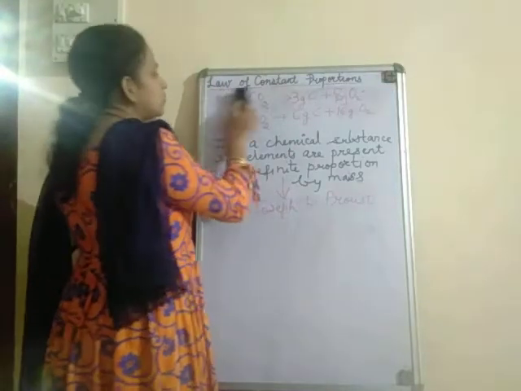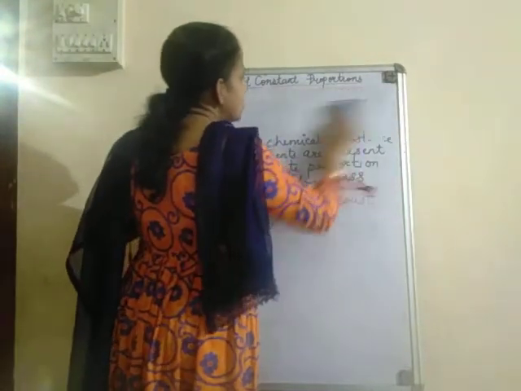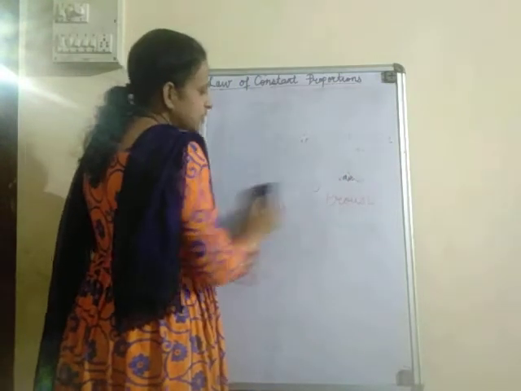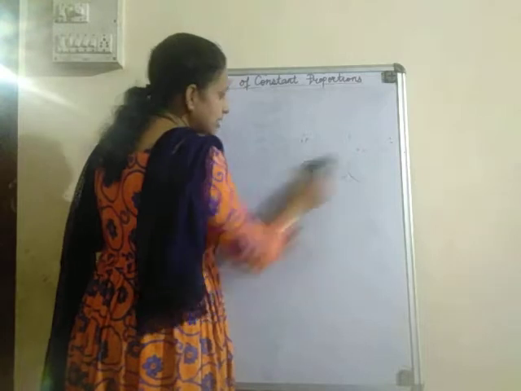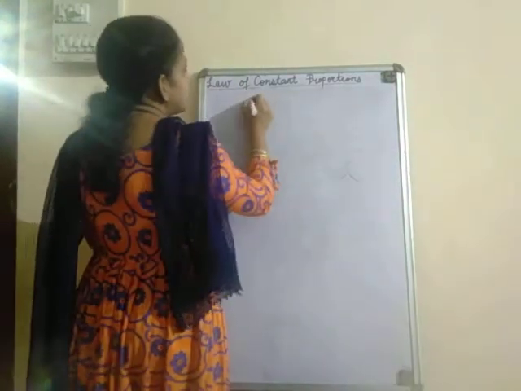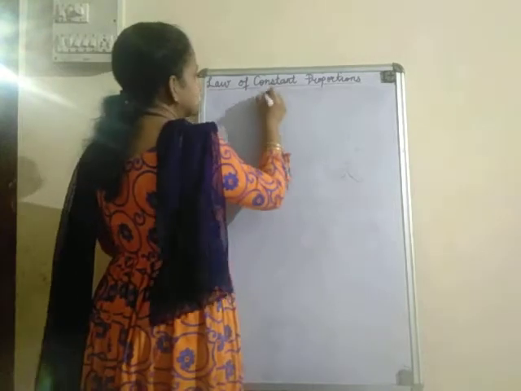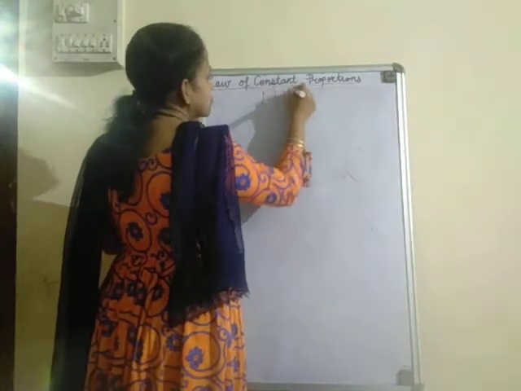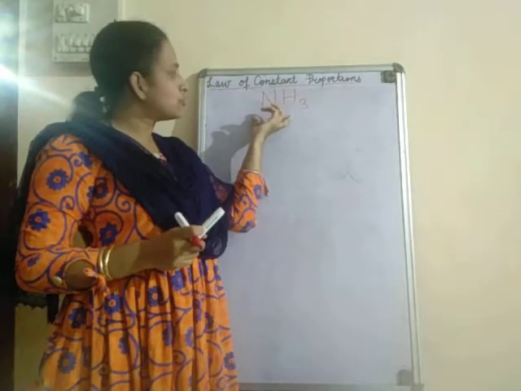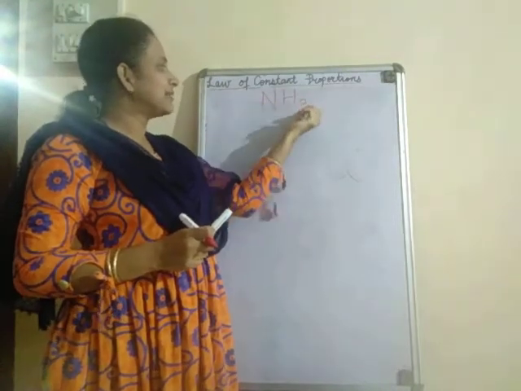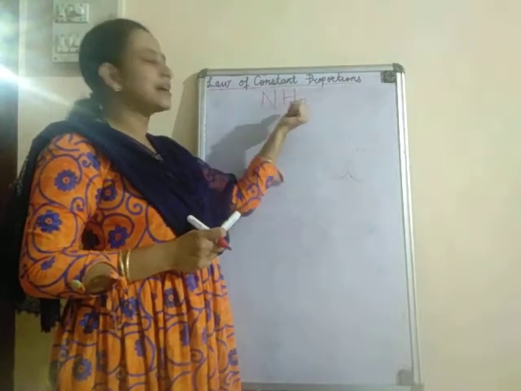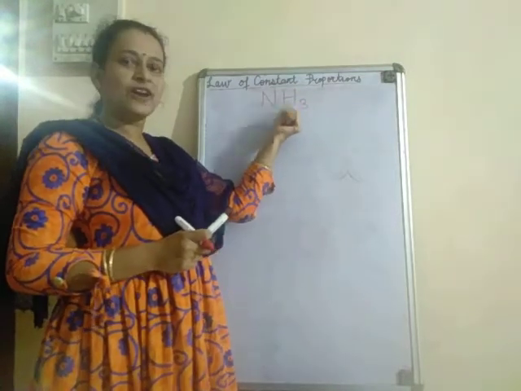Let us take now one more example, ammonia. Why am I giving so many examples? It's because you have to understand what the law of constant proportion is. The formula of ammonia is NH3, in which 1 atom of nitrogen combines with 3 atoms of hydrogen.